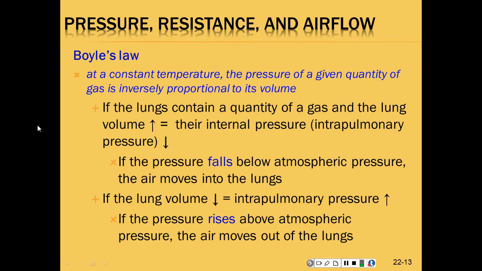So think of a container. It's a large container. As long as the temperature stays the same, let me see if I can draw it for you. Here's one container. We have pressure inside, our internal pressure. Just say the container is about 20 milliliters.